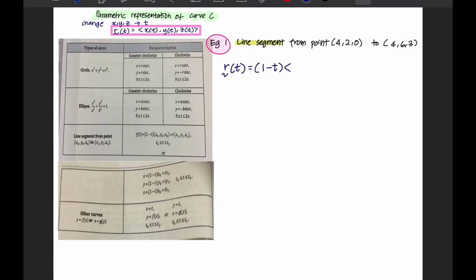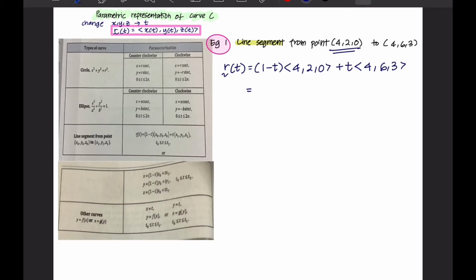You change from point to vector, (4,2,0), plus t multiplied with vector (4,6,3), and then solve.